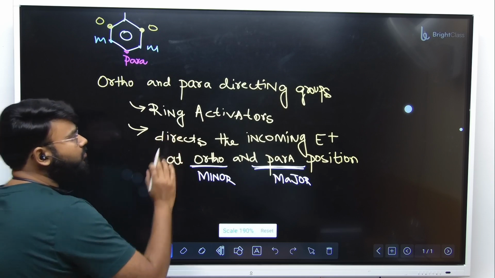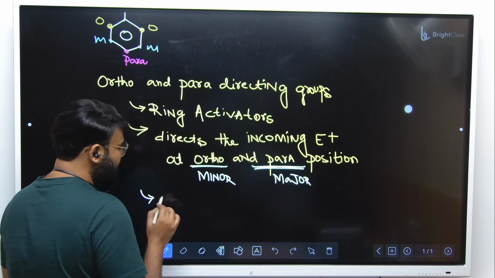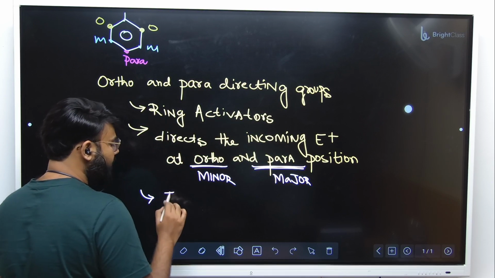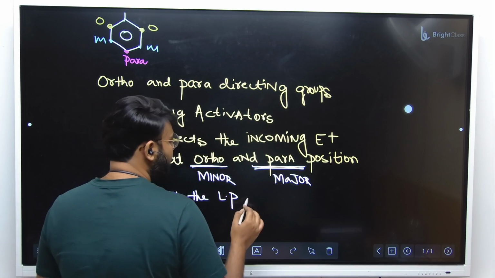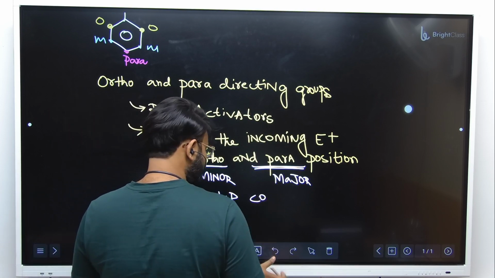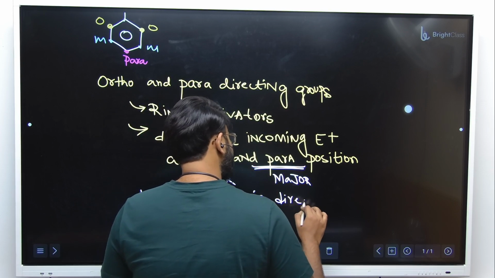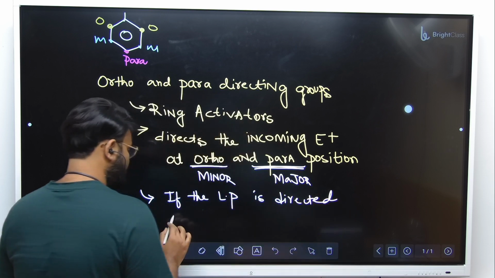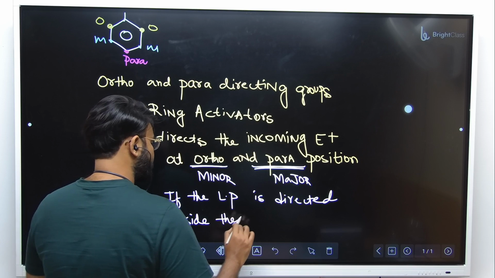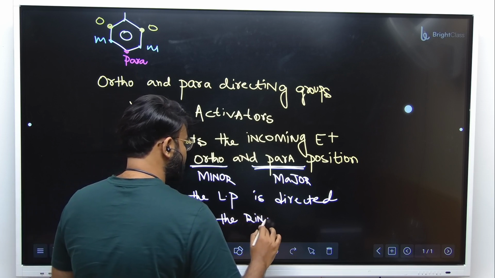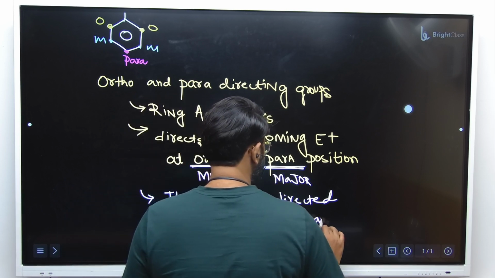Moreover, how do you know who is a ring activator? You will identify. So write it down. If the lone pair is directed inside the ring, that is an ortho and para directing group.